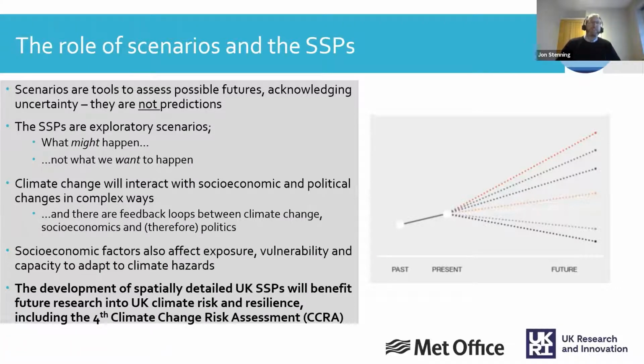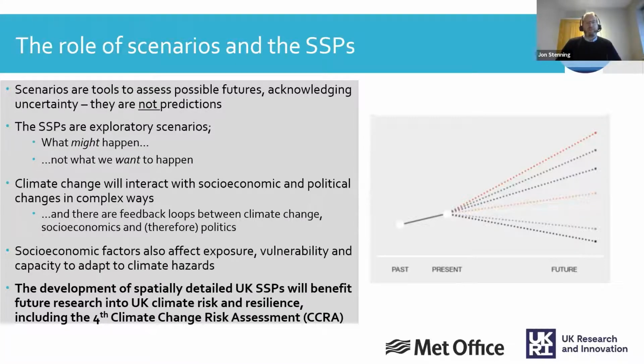Or vice versa. These are non-linear systems. There are a lot of feedback loops, and so for that reason, there is a large degree of uncertainty and a large possibility space to be explored in the SSPs.